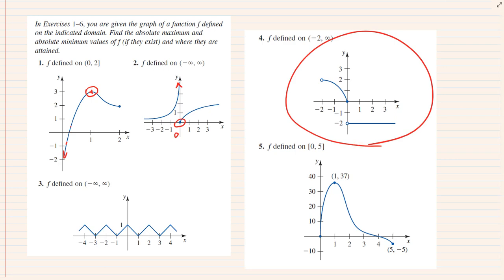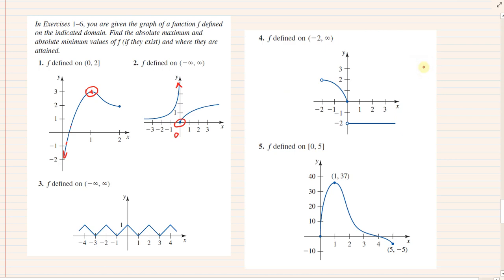In number 4, notice that there is no maximum because it's an open circle, right? So the value of 2 is not inclusive. The value of the function at 2 is not included. So the function is not bounded above. Therefore, there is no maximum.